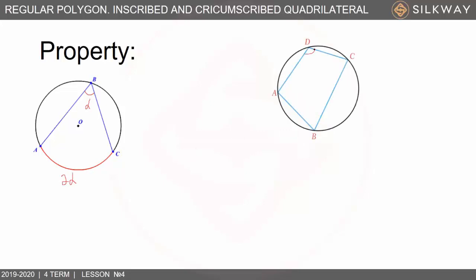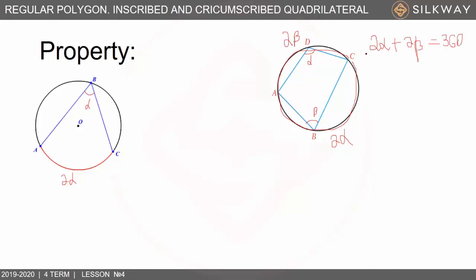If we mark here alpha and here beta, the measure of arc ABC will be 2 alpha, yes, and the measure of arc ADC will be 2 beta, and 2 alpha plus 2 beta will be equal to 360 degrees.